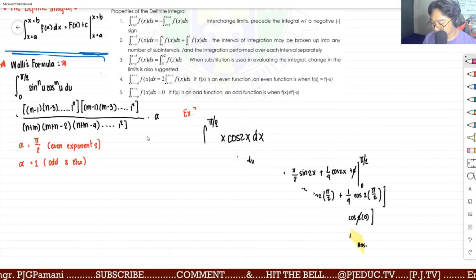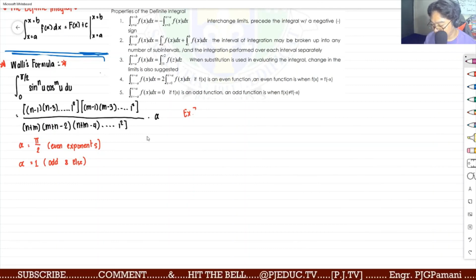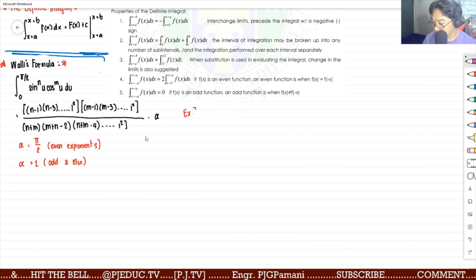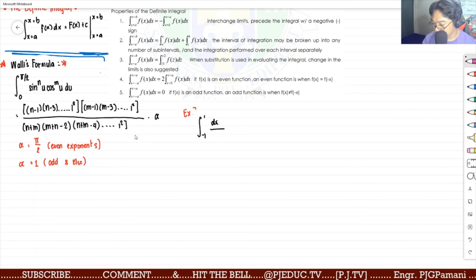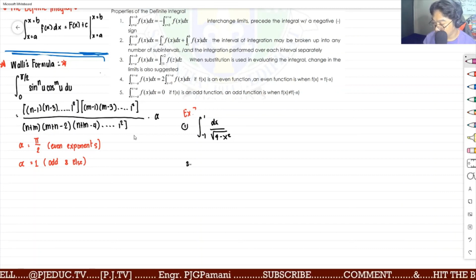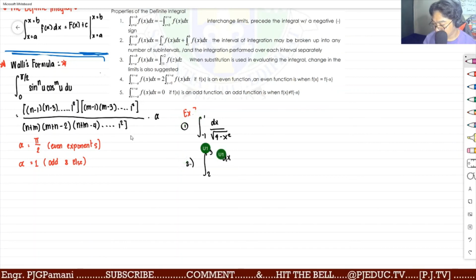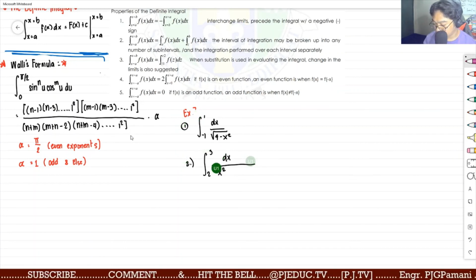For your exercise problems, try to solve these 3 given problems. Practice lang. Walang plus point, walang kahit na ano. Nasa inyo na yan kung gusto nyong i-solve or not. Number 1, integral from negative 1 to 1 of dx over the square root of 4 minus x squared. Number 2, integral from 2 to 3 of dx over x squared minus 6x plus 10.